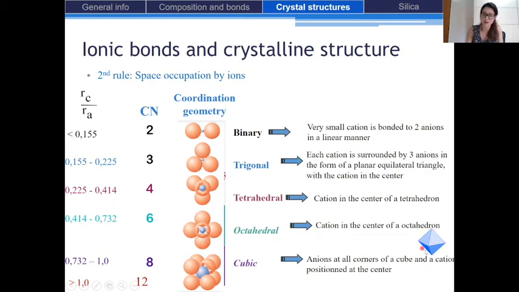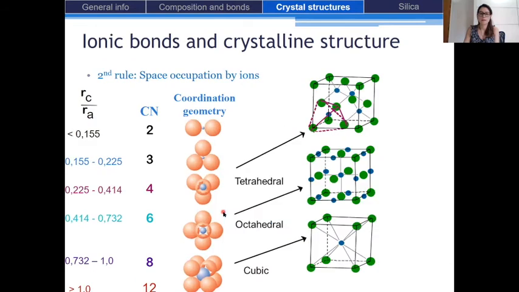Here is a 3D representation of an octahedron. Okay, so once we have the coordination geometry, we should find a way of finding the specific localization of the anions and cations in the unit cell.